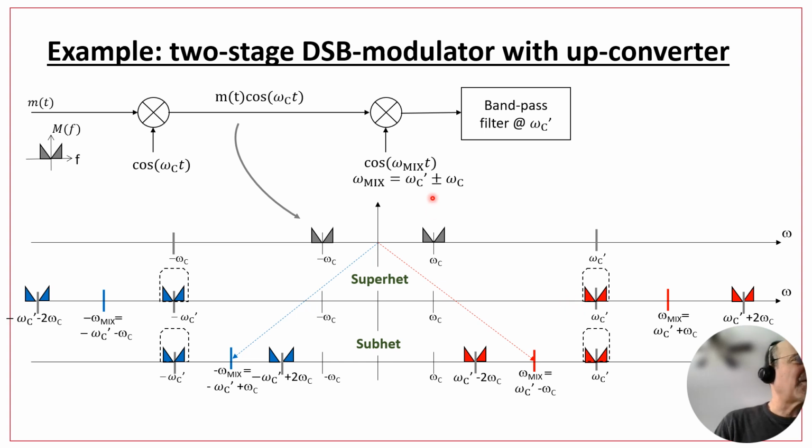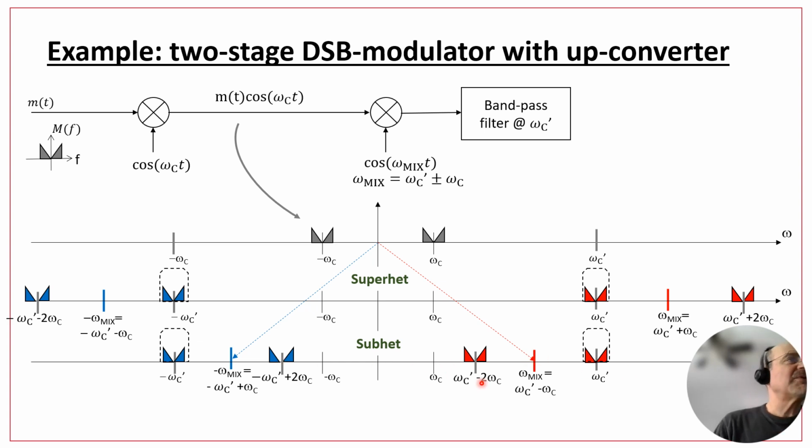Let us look now at the subhet version. In the subhet version, we use the minus sign of the omega mix equation here. That means that the omega mix frequency is below omega C prime, is around here. And again, you will see the translation of the full spectrum of the original DSB spectrum, both to omega mix and to minus omega mix, giving rise to these four components.